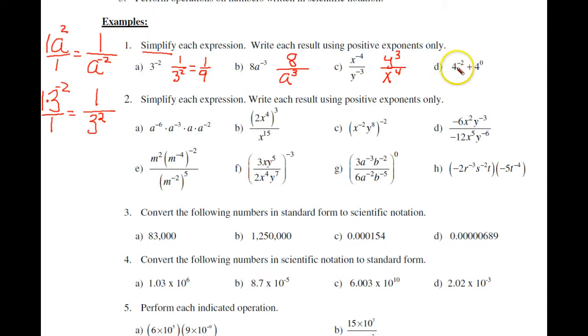Now this one's a little tricky because what is this? Well, again, it's 1 over 4 to the second. And what is 4 to the second? 16. And what did we say any base to the 0 power is? 1. But we now have to add these two together.